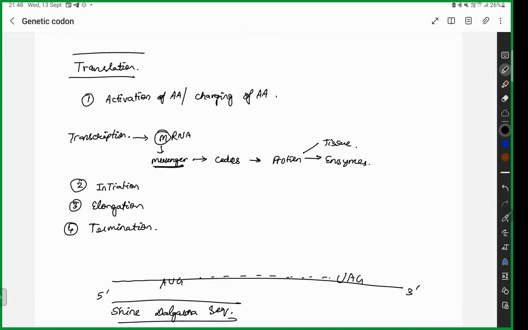You need RNA polymerase, sigma factor, and termination, rho dependent and rho independent. In the same way here also, for each and every step, you will require different enzymes or different factors. So what are those factors?